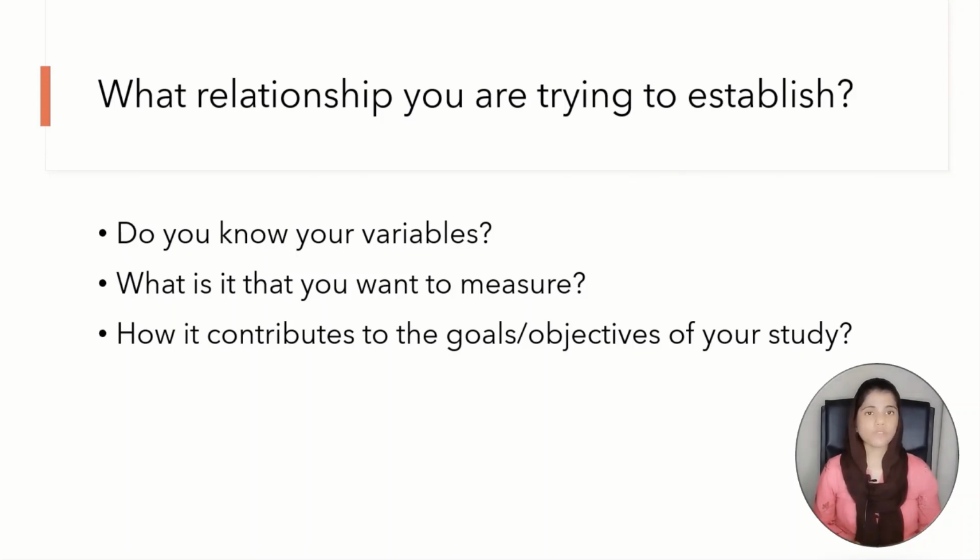So it's always advisable to decide in the start what variables you want to work with and how it's going to contribute towards achieving your XYZ research goals. So you need to be crystal clear how measuring XYZ variable will help you achieve your XYZ goal.